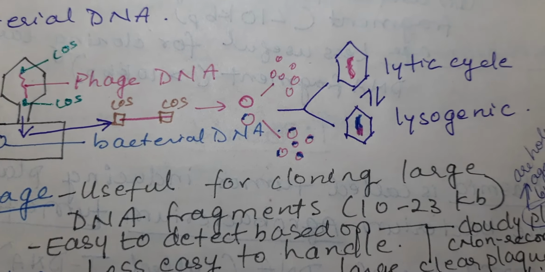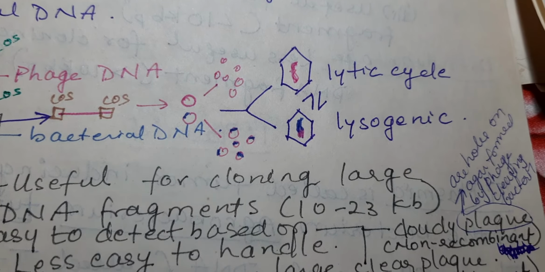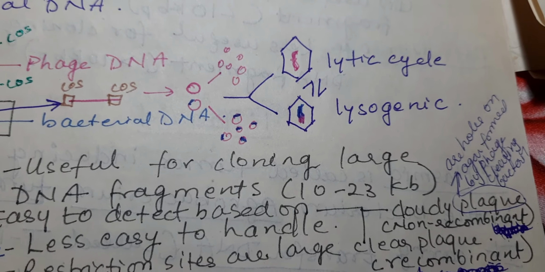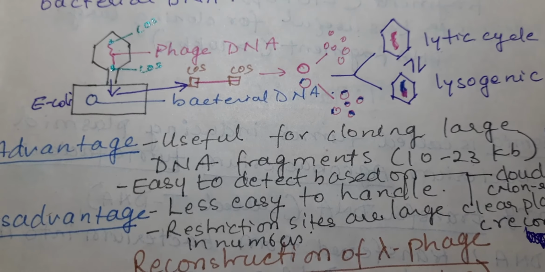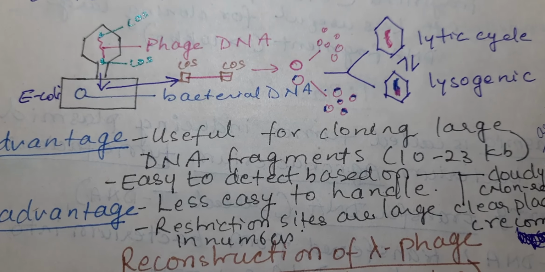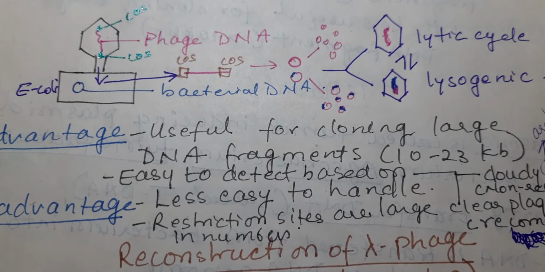If the plaques are cloudy, they are non-recombinant, and if the plaques are clear, they are recombinant. The disadvantage is that it is not very easy to handle the bacteriophage.